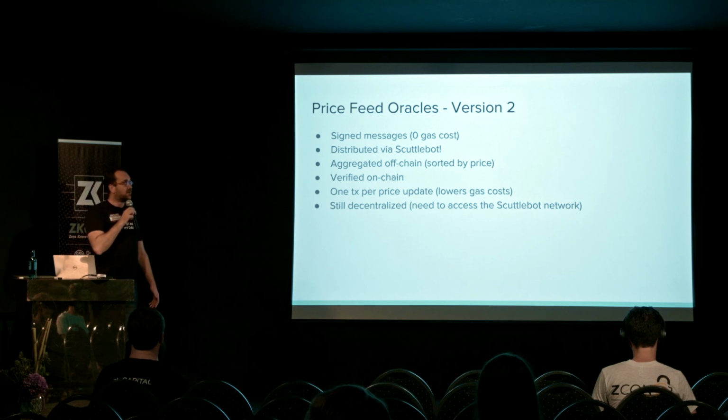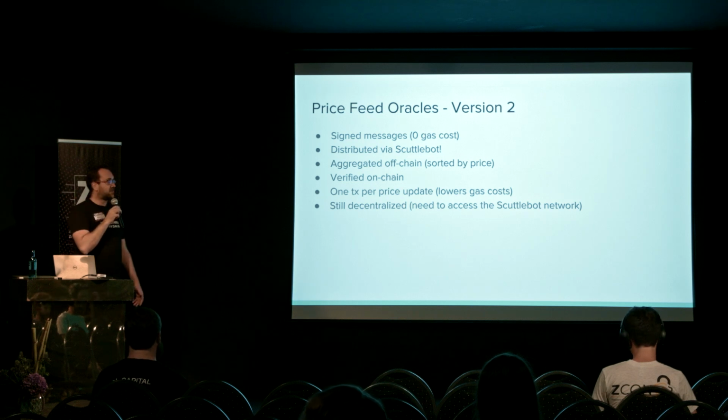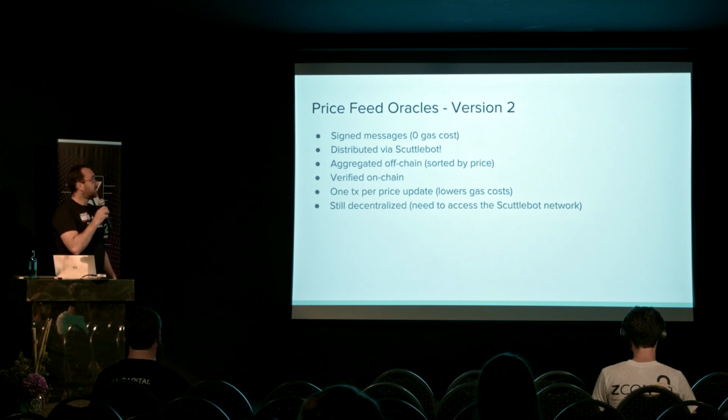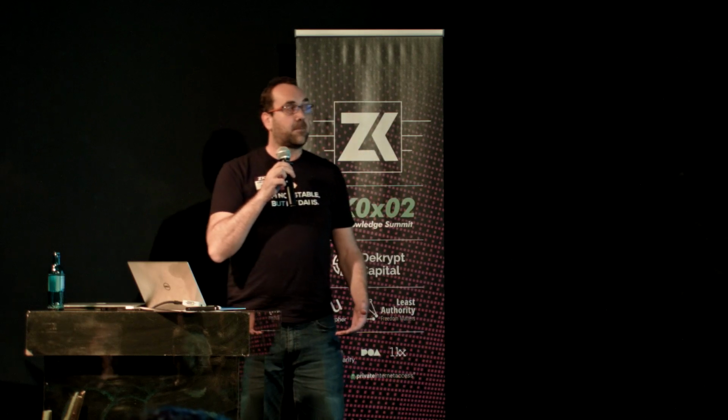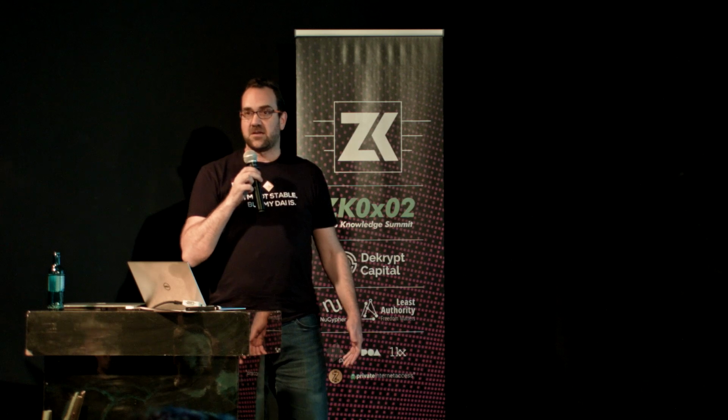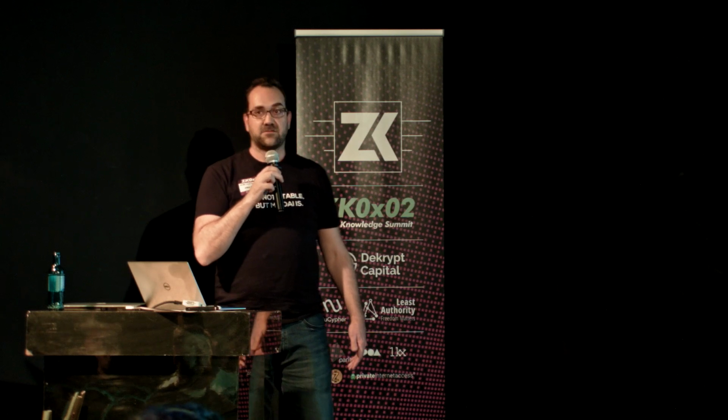We can move some of that computation off-chain by maybe sorting by price. We verify it on-chain, and this means that we get only one transaction per update, comprising all the different oracles, say 10, 15, 20 or more. This lowers gas costs, and we still keep it decentralized as long as you have access to the Scuttlebutt network to get all the messages.